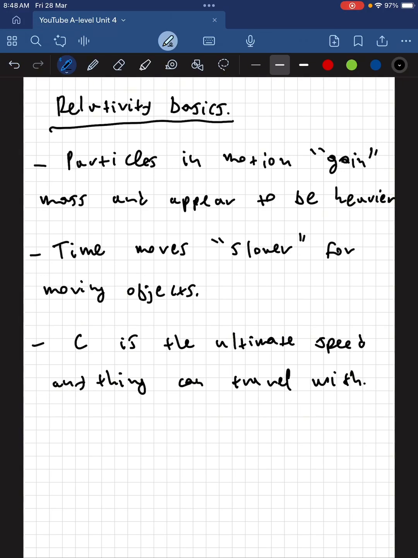And the same is true for massless particles. The only massless particles that we are aware of currently are neutrinos and photons. And then you have also the graviton, which is hypothesized, and gluons as well, but we don't care about that. Let's keep it simple. So photons travel with the speed of light.